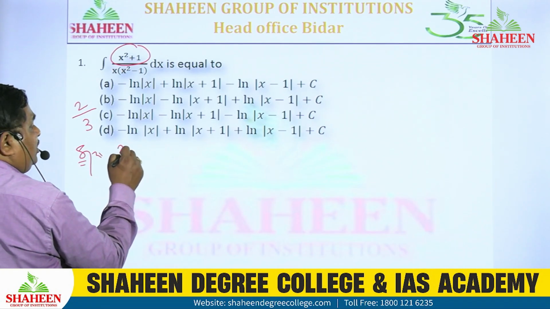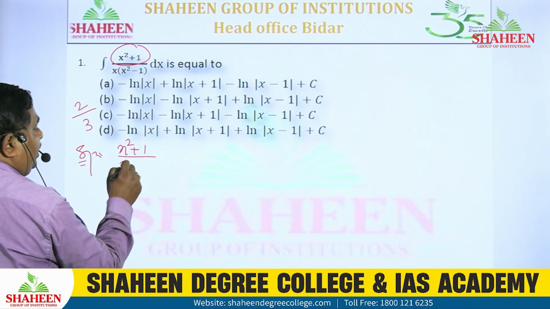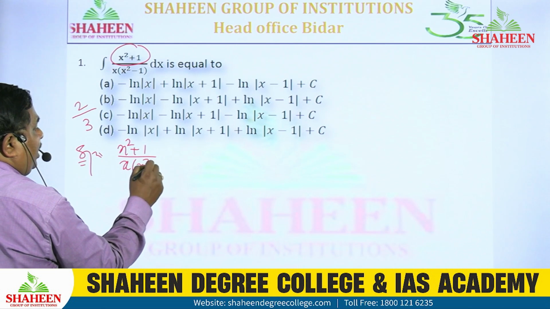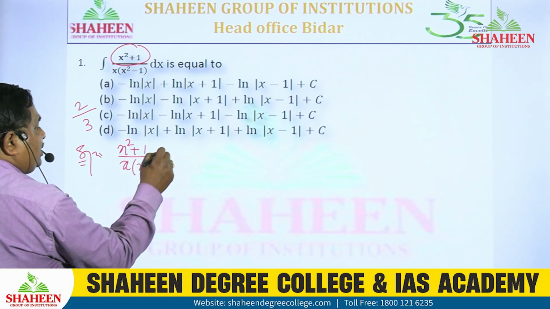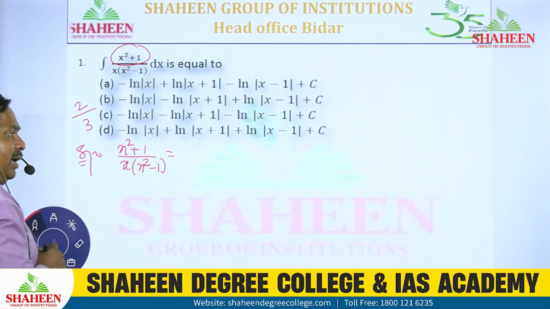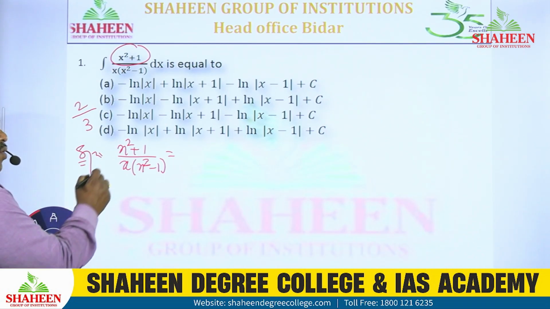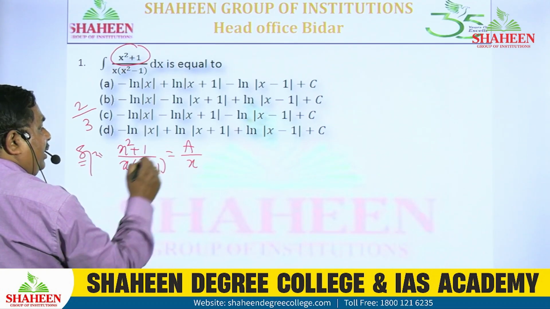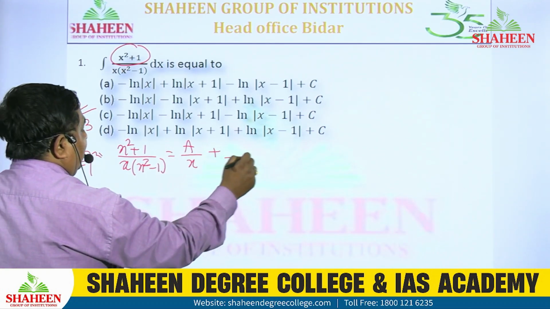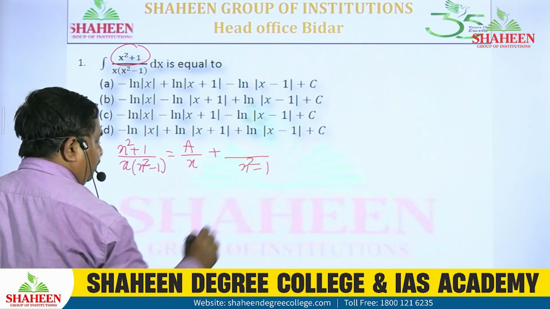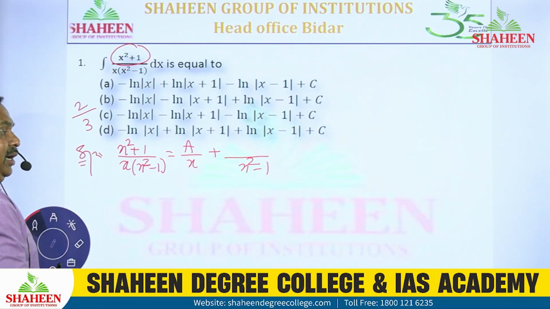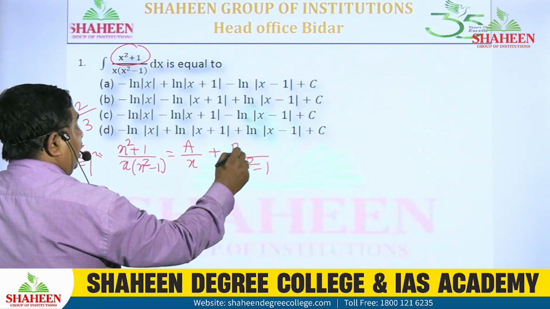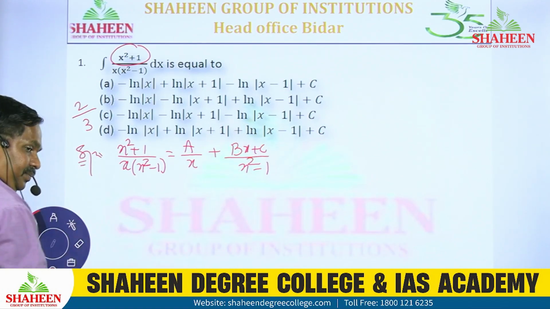Let us consider x square plus 1 divided by x into x square minus 1 and separate this fraction by the partial fraction method. The first fraction is x, which can be written as a divided by x. The second fraction is x square minus 1, and its numerator is written as bx plus c.